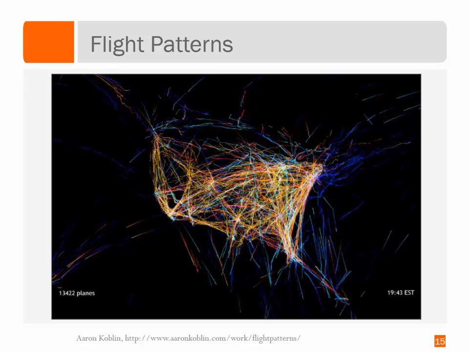You'll see the number of planes represented on the bottom left-hand corner. And then on the right-hand side, you will see in Eastern Standard Time a time and date stamp clock that cycles throughout a particular day or a 24-hour cycle.